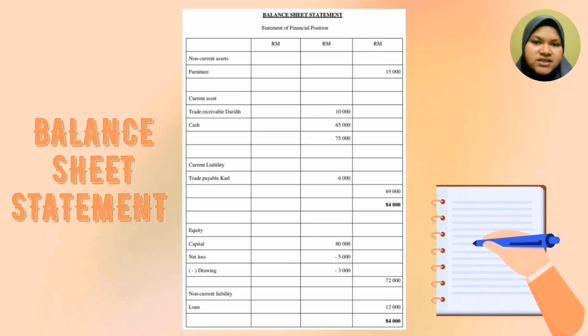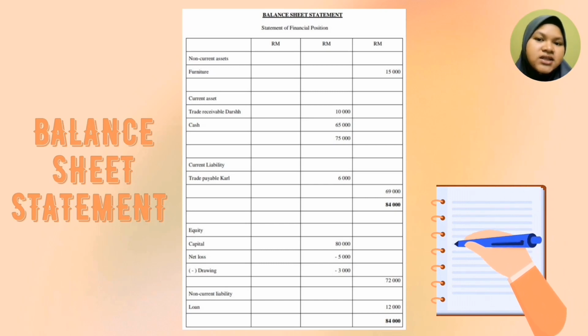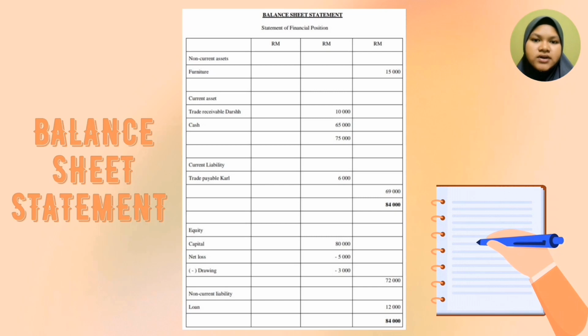So in here we can see non-current assets, furniture, current asset, trade receivable, cash, current liability, trade payable, car, equity, capital, net loss, drawing, non-current liability, and loan. After we plus and add, we get 84,000 ringgit.